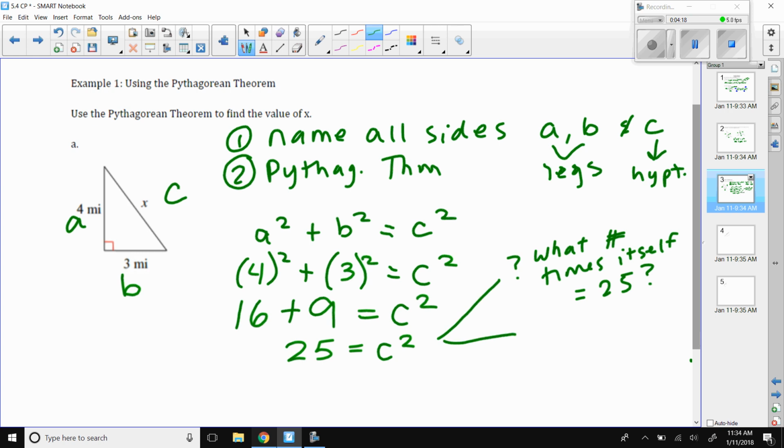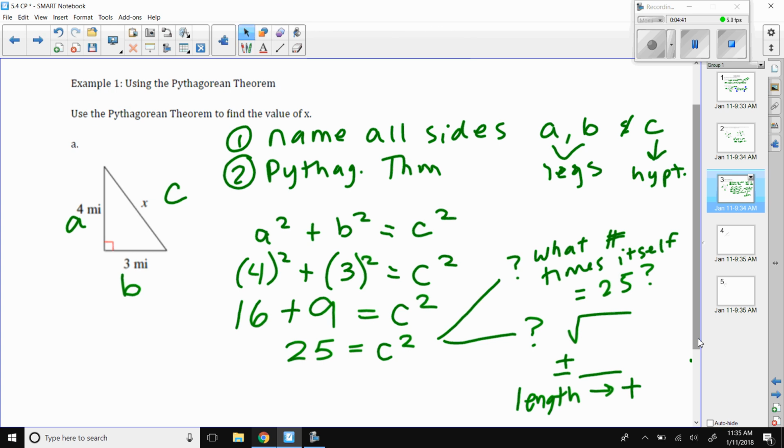Okay. We also want to be thinking about, if we don't know that, we want to be taking the square root. And the square root is always going to have a positive and negative answer, but since we're talking about length, we only want the positive one.